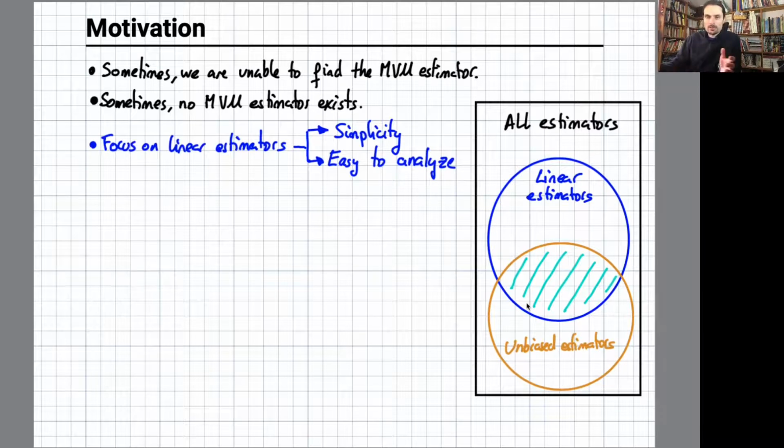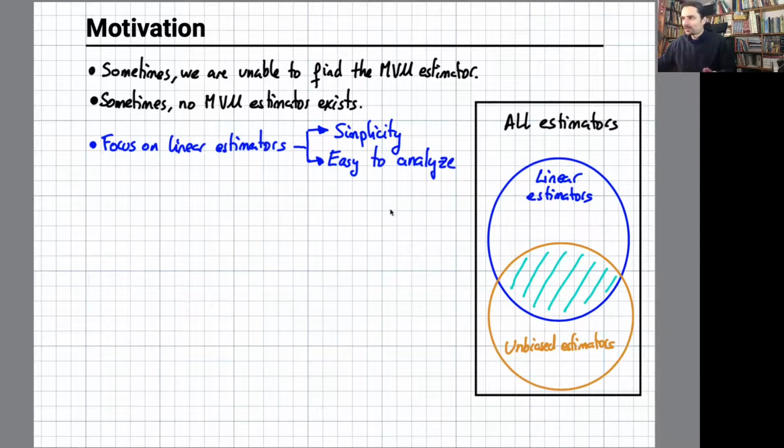Whenever we cannot find an optimal estimator within a certain set of estimators, we just reduce the set of estimators against which we compare until we are capable of finding one that is optimal within that reduced family. Okay, so in this case we will be focusing on estimators that are not only unbiased but also linear.